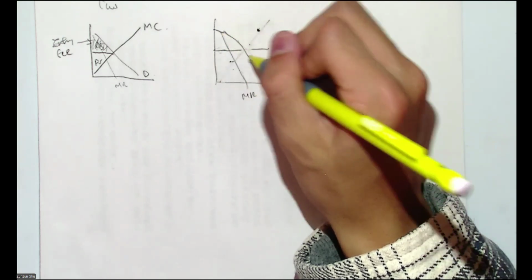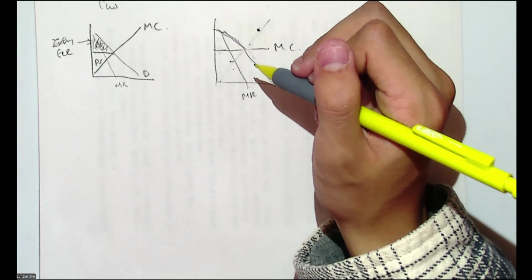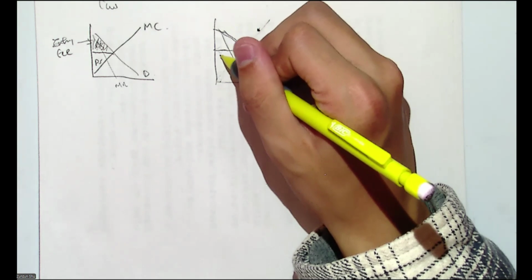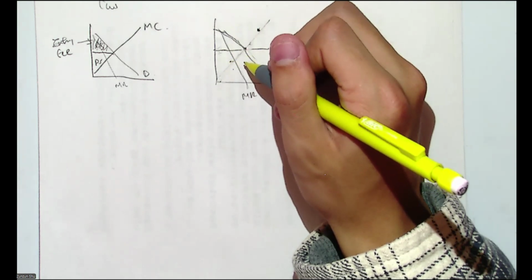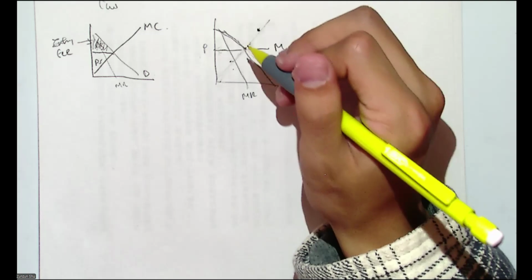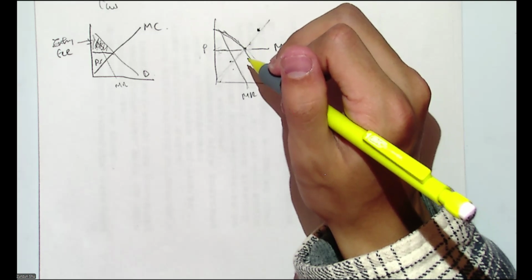This entire thing is 4,500. So originally, if you're pricing it here, then shouldn't your producer surplus be 0, right?